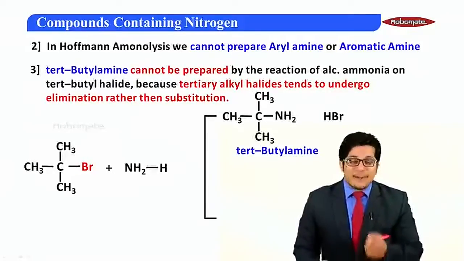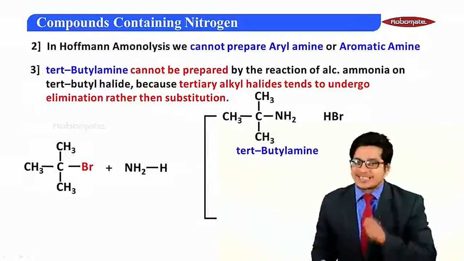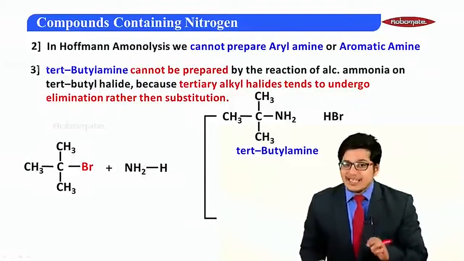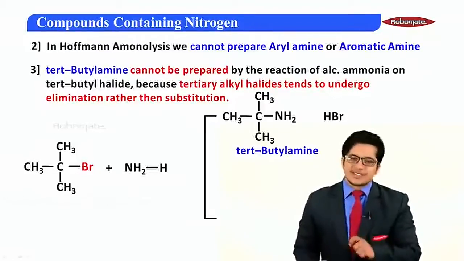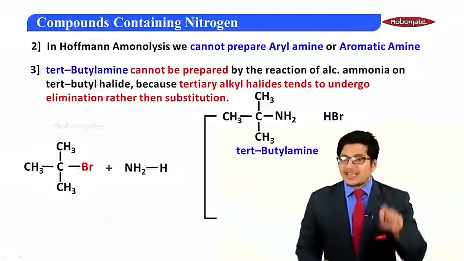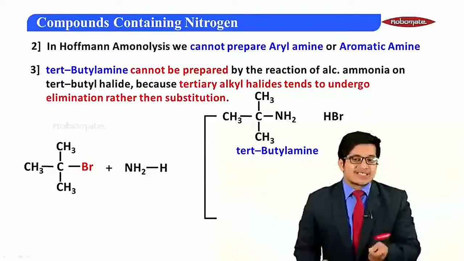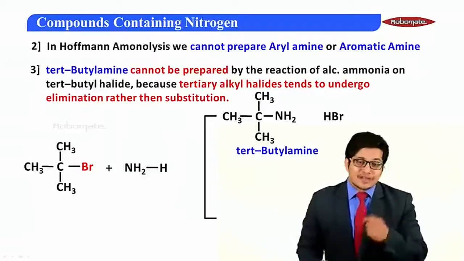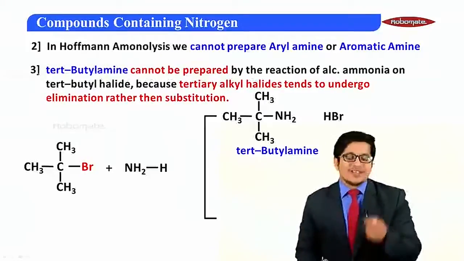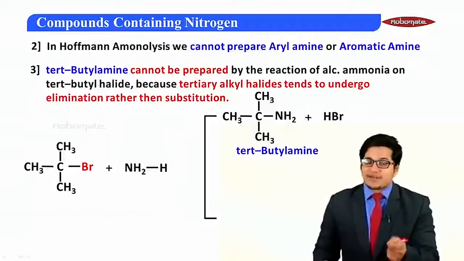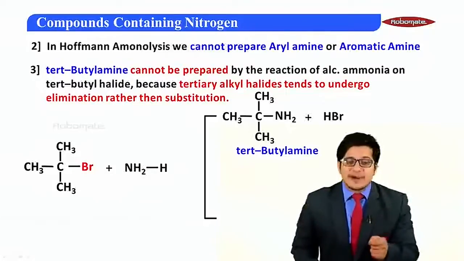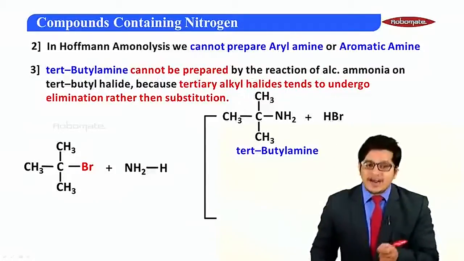But now what happens over here? What happens exactly is that hydrogen from one of the methyl groups combines with NH3, giving us NH4+. To this, Br− gets attracted, giving us NH4Br.